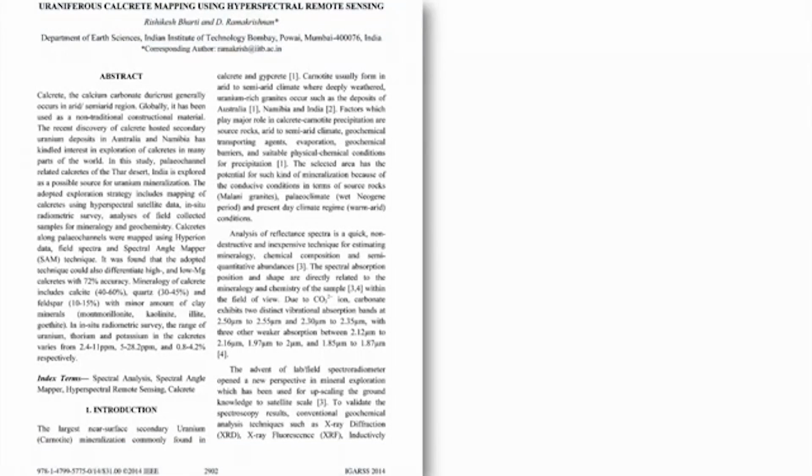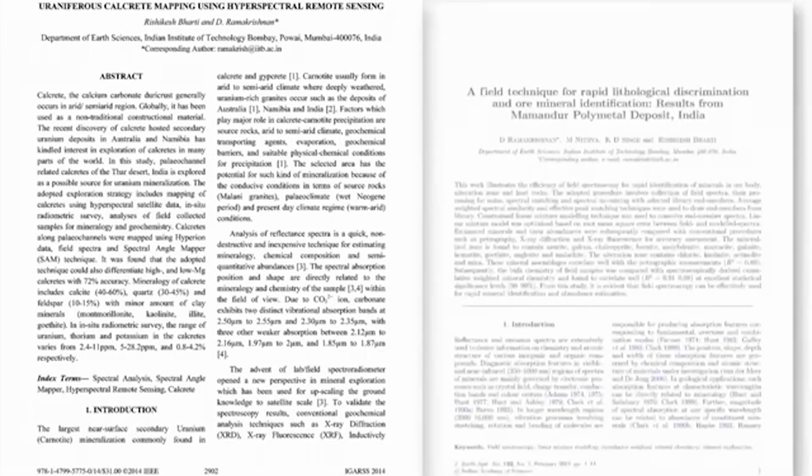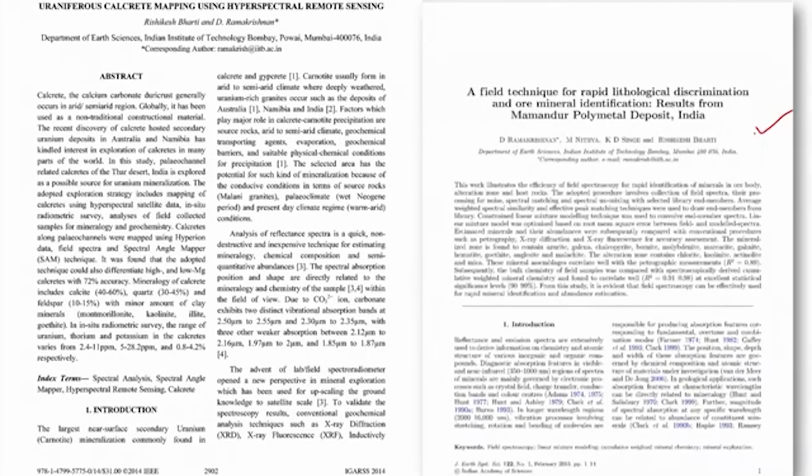In another paper again, the uraniferous calcrete were mapped using hyperspectral remote sensing. This paper highlights the advantages of hyperspectral remote sensing, in particular spectroscopy in the field, for mapping the lithology or the ore mineral identification. Now let us start with lithological discrimination and ore mineral identification.